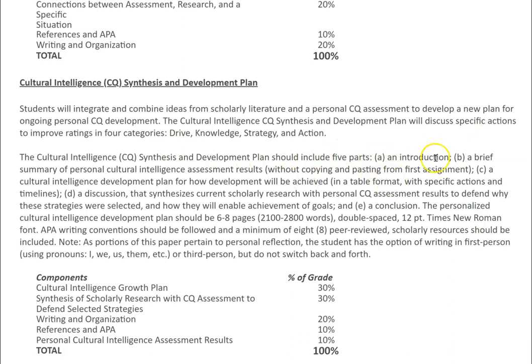Those should be represented by the things that are explained. For instance, this B, a brief summary of personal cultural intelligence results. That should be the second paragraph, and that should have a heading on it that is Personal Cultural Intelligence Results. That's what I would have as my level 1 heading.